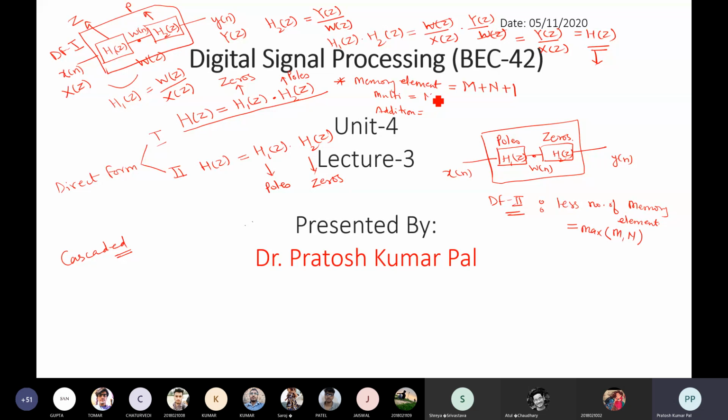We call it m plus n plus 1. In direct form 2 the same technique will be followed, that means the same number of multipliers will be required.